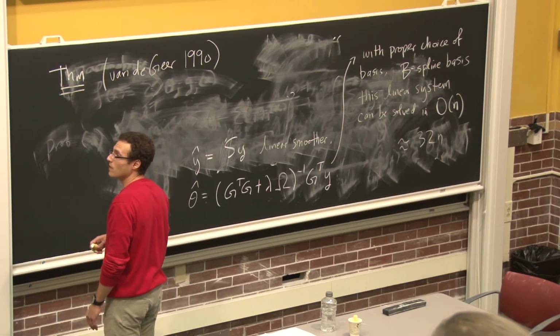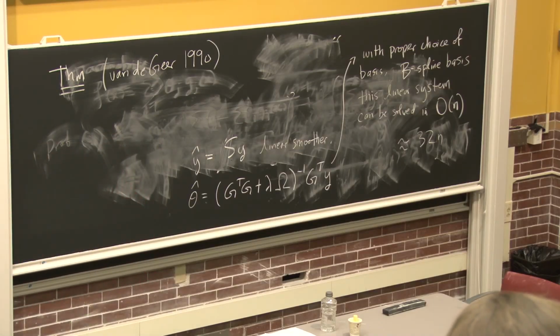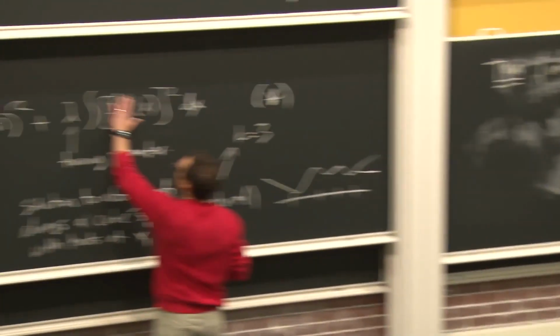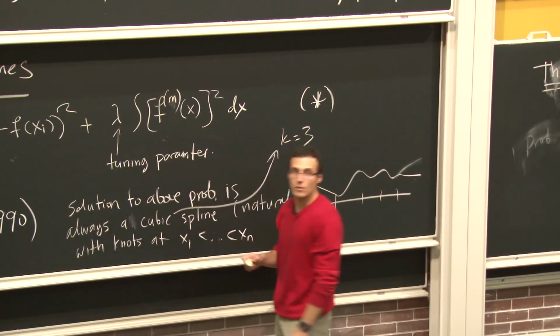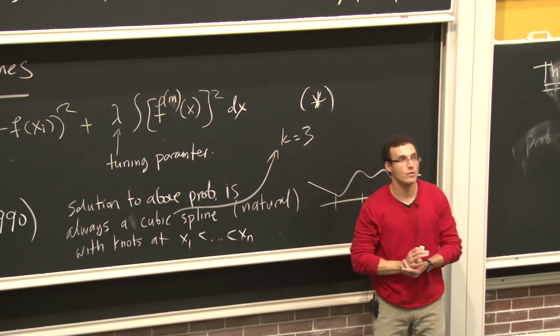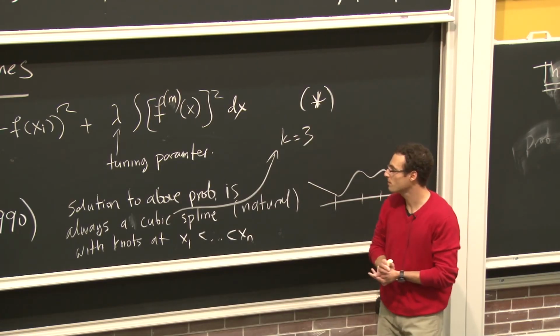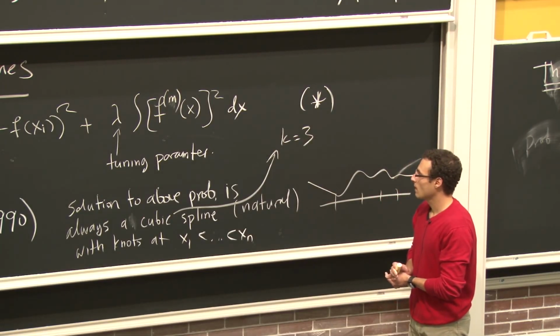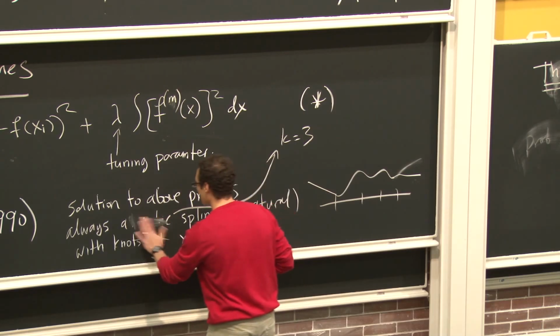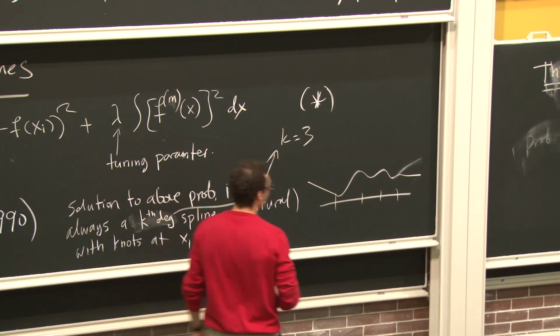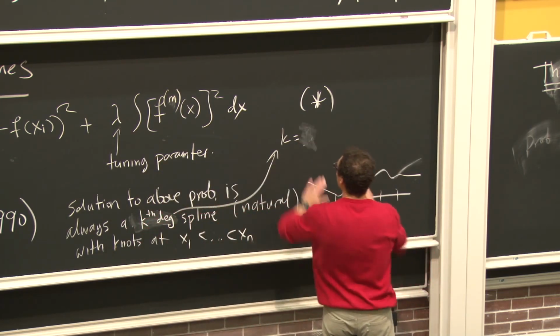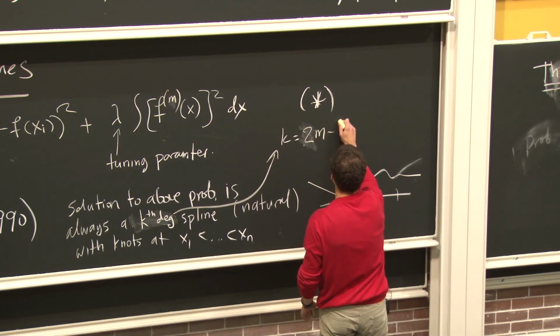So let's see if I can remember exactly the function space. First, I'm going to change this to m. So let's think about taking an arbitrary number of derivatives. m was 2 for us before. And instead of a cubic spline, we now get a kth degree spline, where k is equal to 2 times m minus 1.